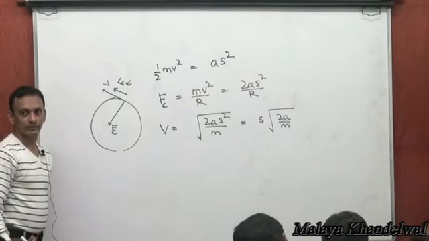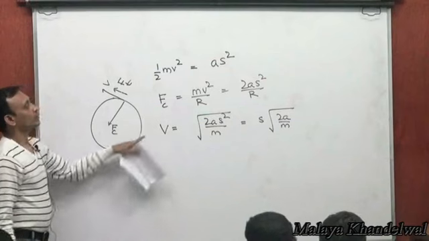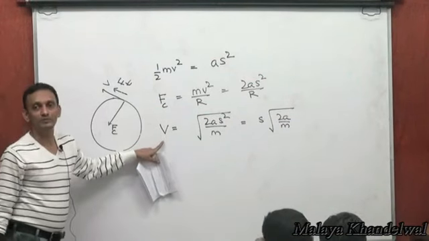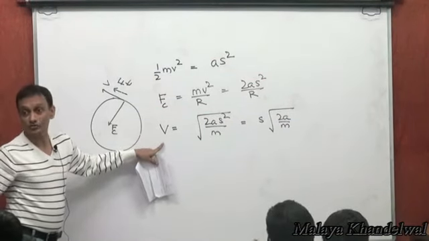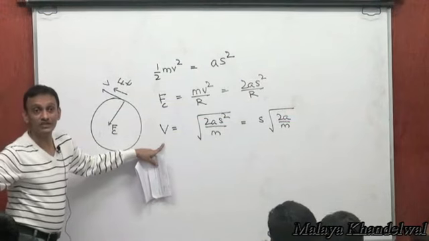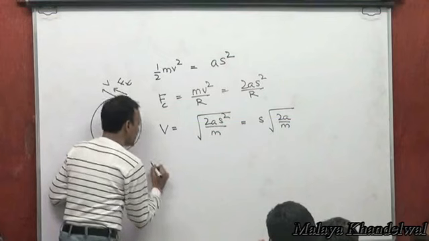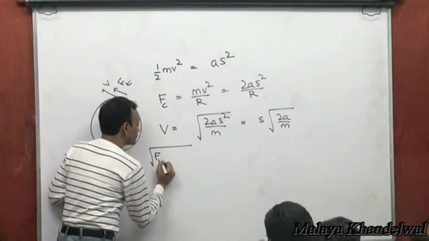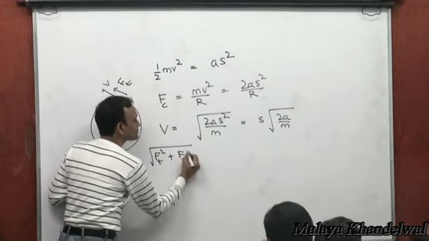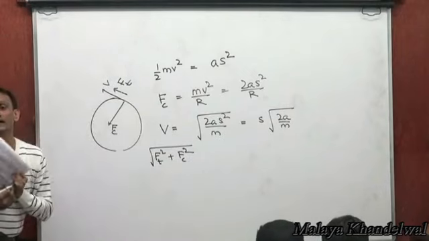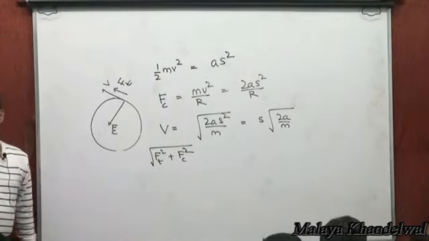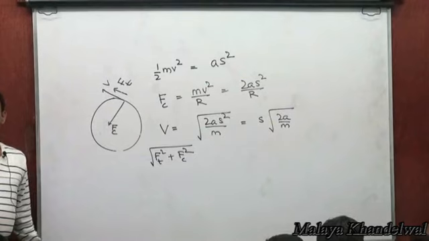So from this, can you not compute the tangential acceleration using dv dt? Once you compute the tangential acceleration, the net force is going to be the square root of ft squared plus fc squared. Clear?